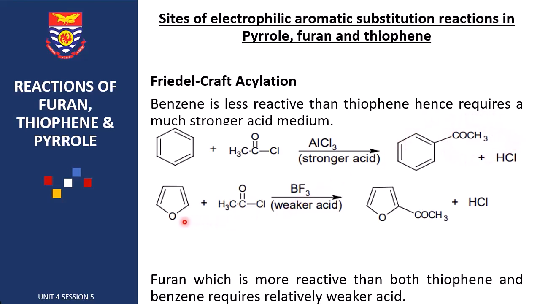Now, because furan as well follows, furan is also slightly more reactive and therefore will require weak acid media to produce its Friedel-Crafts acylation product. So furan, which is more reactive than both thiophene and benzene, requires relatively weaker acid media, right?